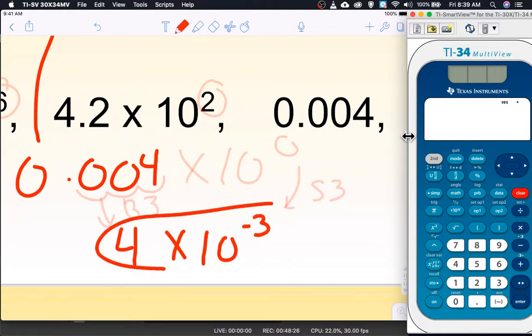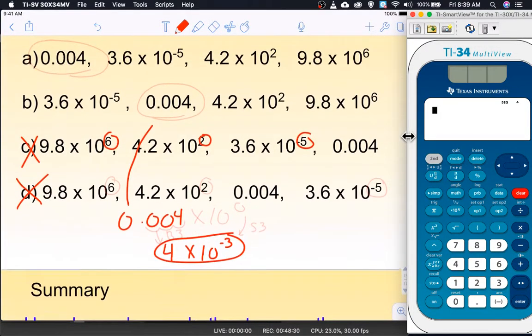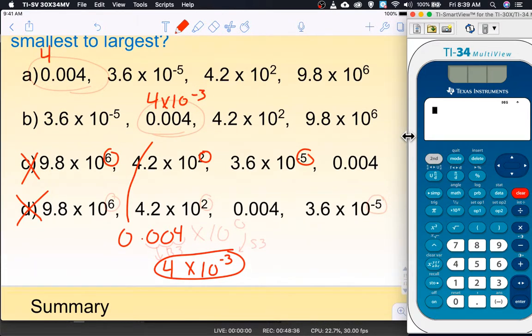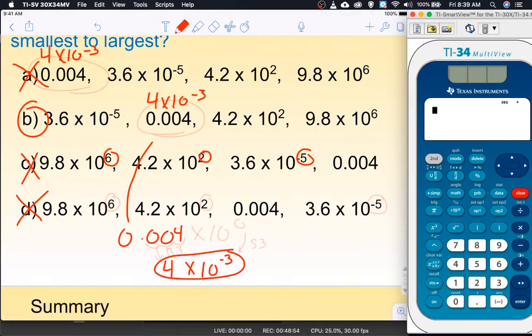So it's 4 times 10 to the negative 3rd power. So out of A and B, which of those has the exponents in the proper order? It's letter B. Negative 5, negative 3, smaller, bigger, biggest. That one's correct, and that one's wrong.